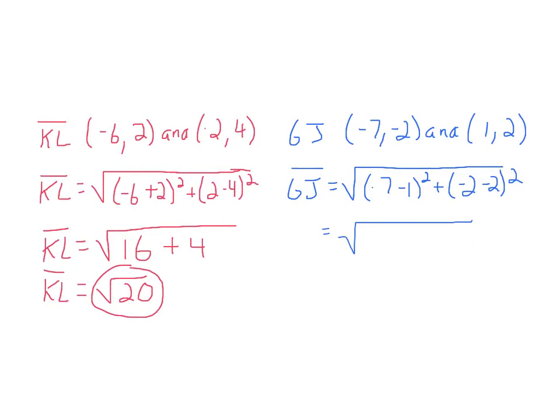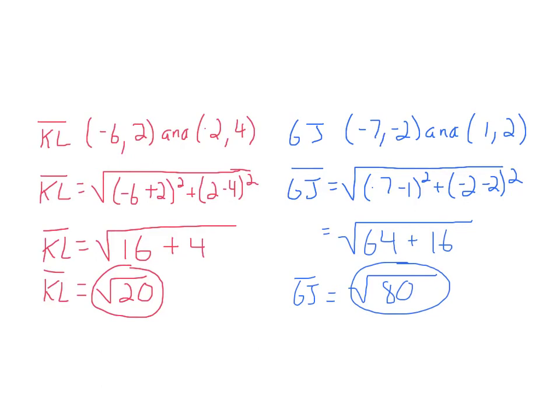We simplify this out. We have -8 squared, which is 64, plus -4 squared, which is 16. And if we add these together, we have the length of segment GJ is the square root of 80.